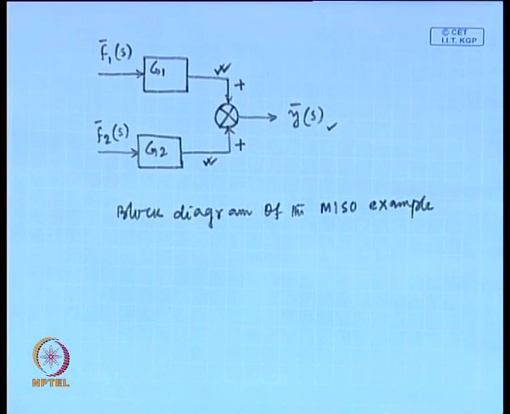Now, if we consider n number of input variables, but a single output variable, what will be the block diagram for that? If we consider n number of input variables f 1, f 2 up to f n, and only one output variable y, what will be the block diagram that you draw?